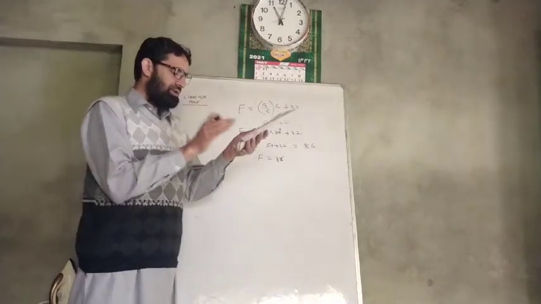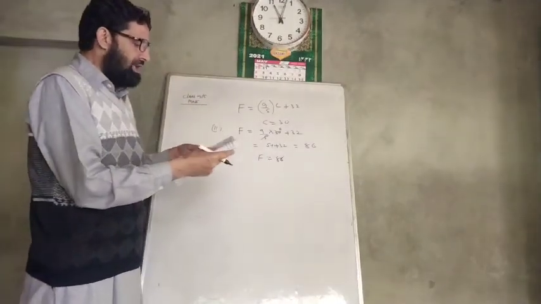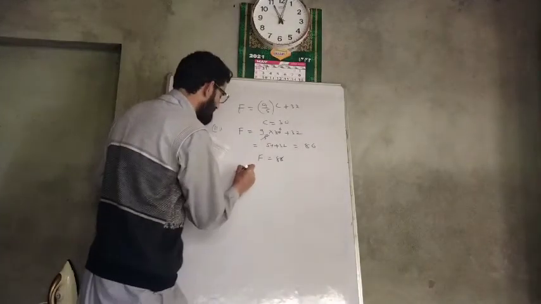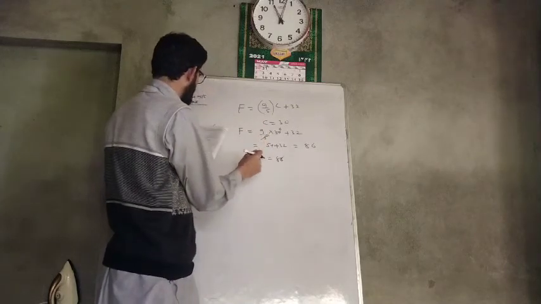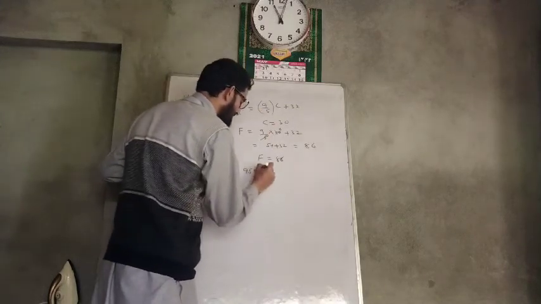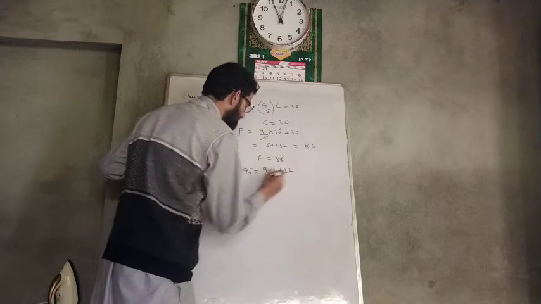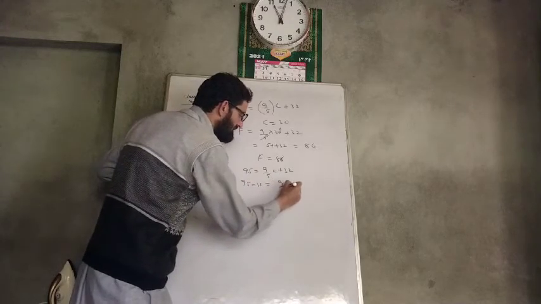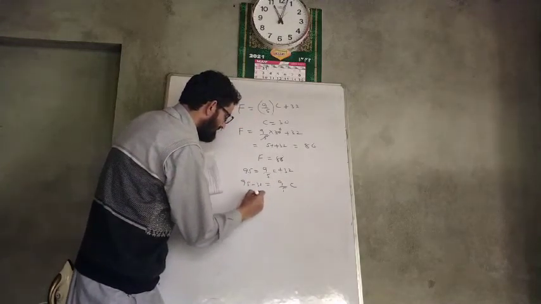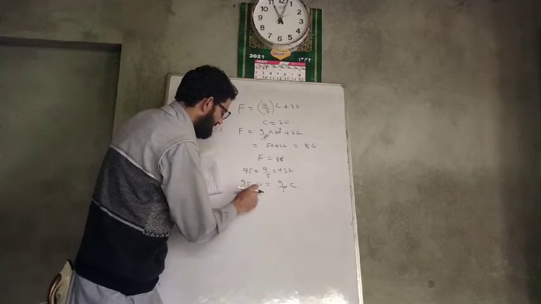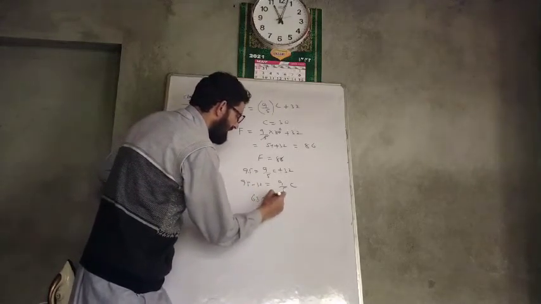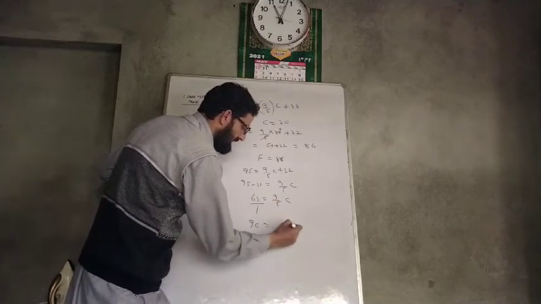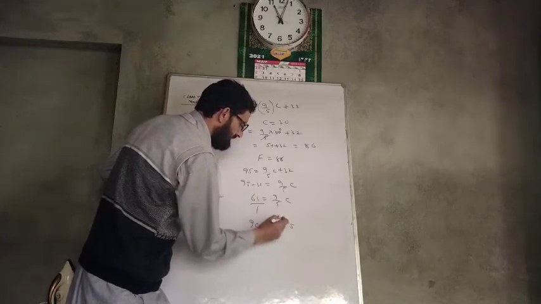Now the third part is if the temperature is 95 Fahrenheit. Now F is 95. What is the Celsius? So this is F equals 9 by 5 C plus 32. So we can write here 95 minus 32 is equal to 9 by 5 C. This is 63. So 63 is equivalent to 9 by 5 C. By cross multiplication, 9 C is equal to 5 times 63, which is 315.